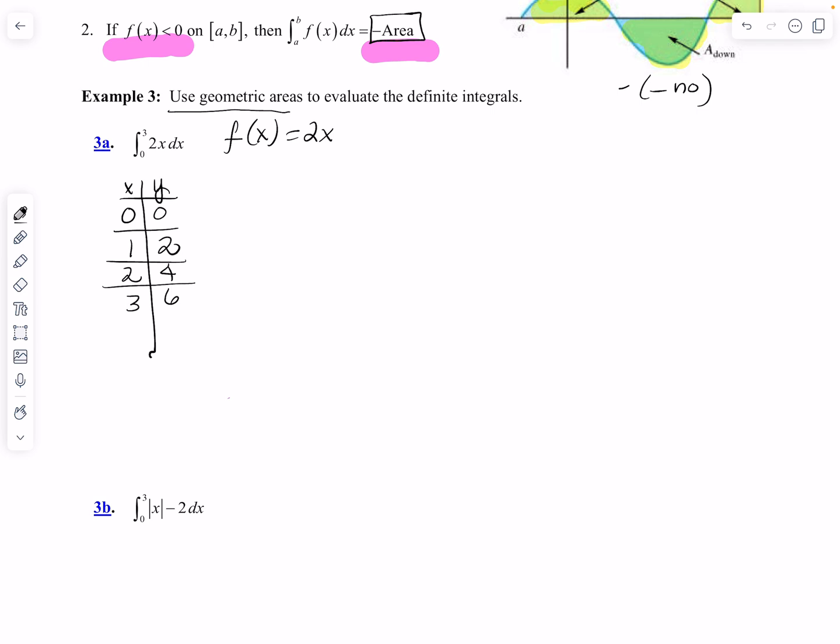Now I'm going to graph it because it says use the geometric area to evaluate this. Okay, so we're going up to 6 on the y-axis. So I'm just going to go to 6 on each one.